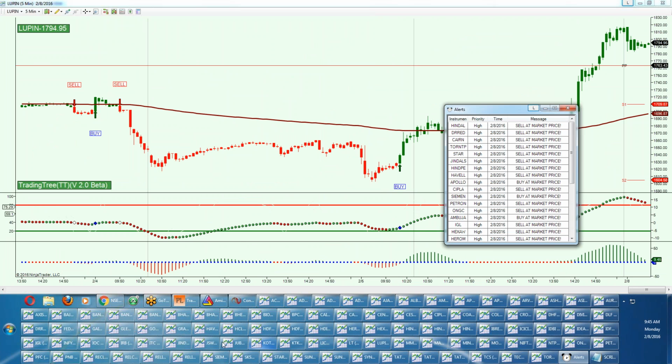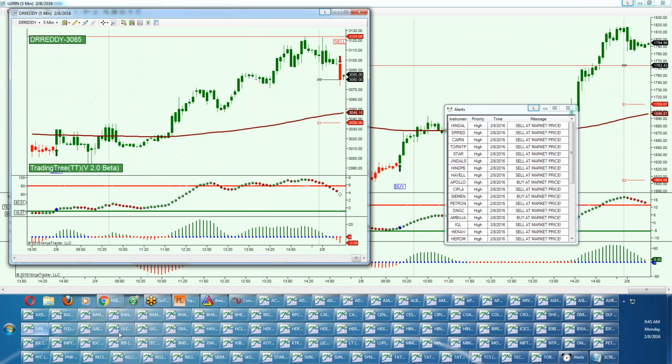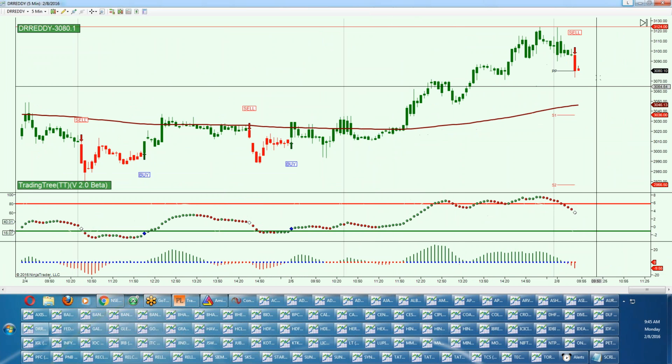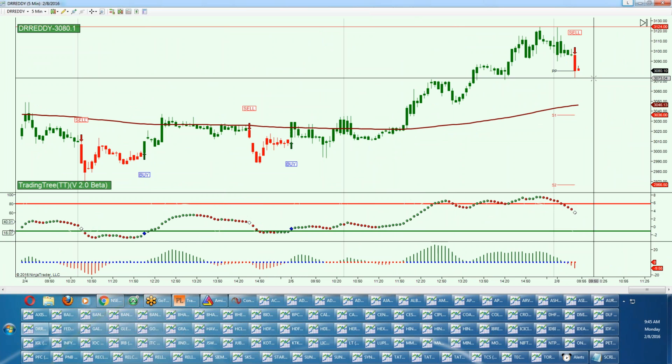We have Dr. Reddy sell. We can short Dr. Reddy at this level, 3073.